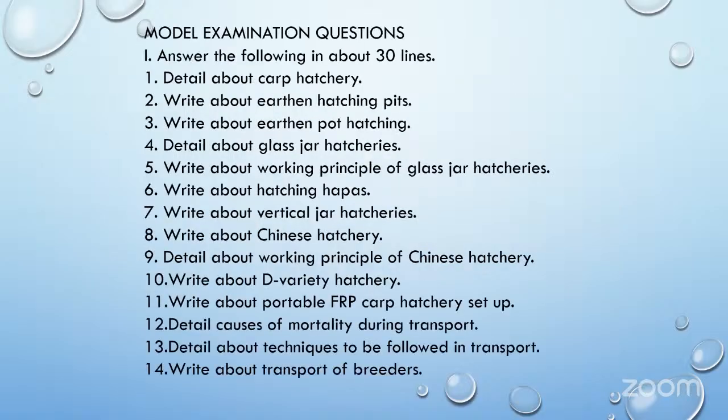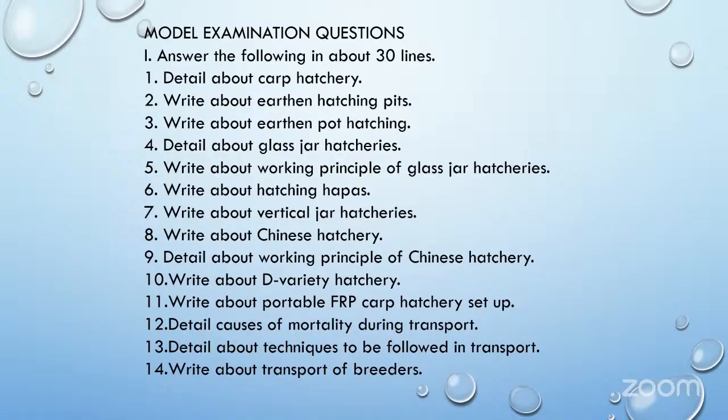With this, we have come to the end of the chapter. These are the model examination questions frequently we can see. Write in detail about carp hatchery. Write about earthen hatching pits. Write about earthen pot hatching. Write in detail about glass jar hatcheries. Write about working principle of glass jar hatcheries. Write about hatching hapas. Write about vertical jar hatcheries.